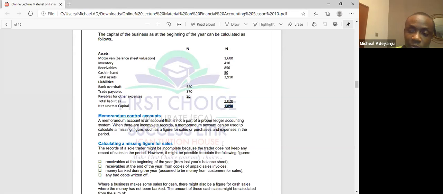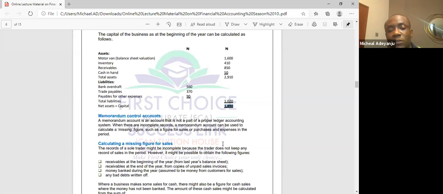Remember what I said about you looking at the receivables line item. Because basically receivables are the ones that you are selling to, your debtors, your customers. So there's no reason why we shouldn't know how much we sold to them.